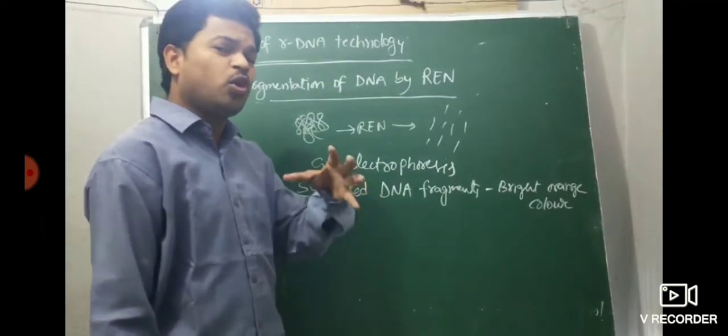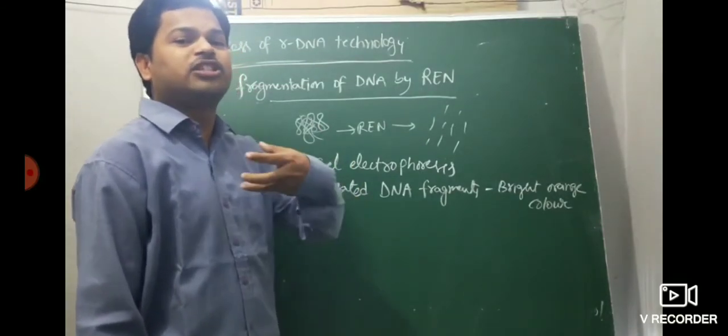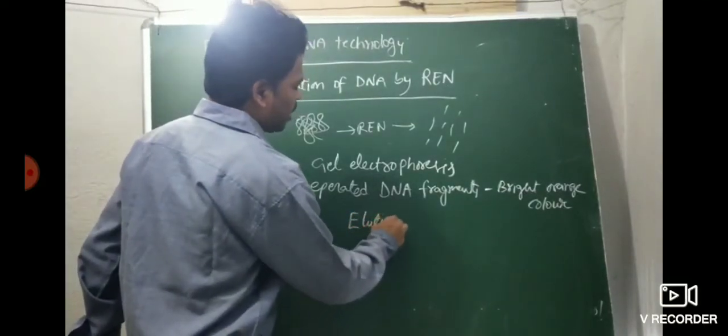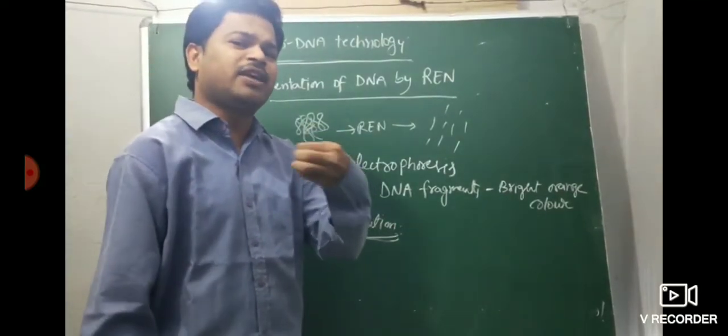We need only the DNA fragment, so the DNA fragments are separated from the gel piece by the process called elution. Now we have only the desired DNA fragment.